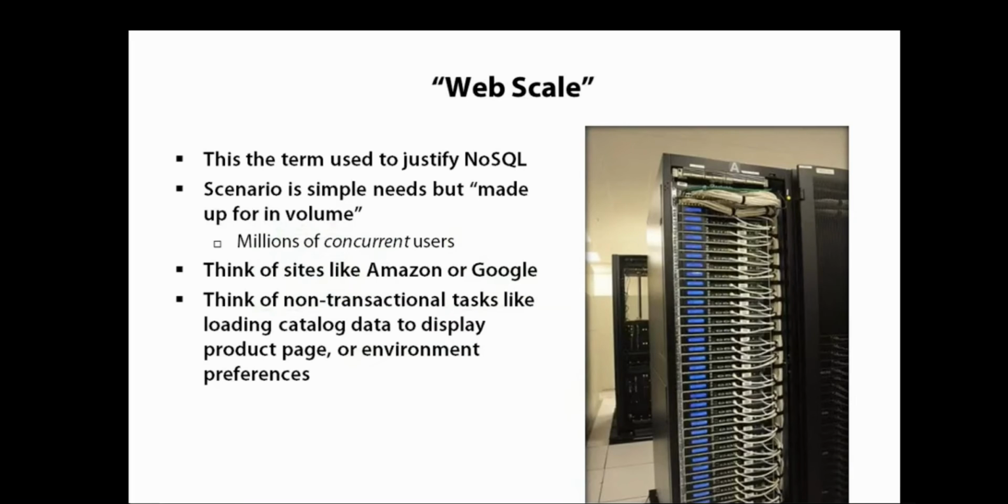Another reason for NoSQL databases, and we'll get into this with a little bit more substance in the next module, is that we now have websites that are public, consumer facing, that actually have to accommodate as many as 1 million or even multiple millions of concurrent users.